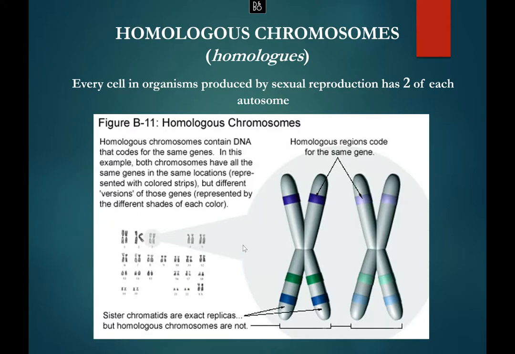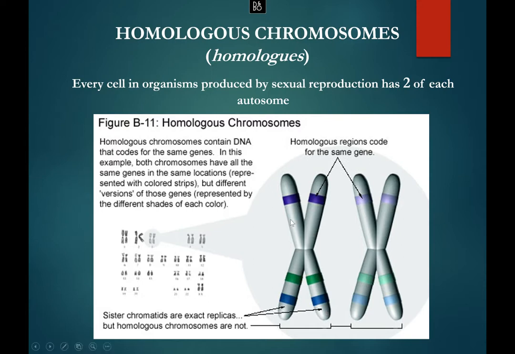One of the things that I will be asking you to read about is homologous chromosomes. Since we all receive one chromosome from mom and one chromosome from dad, we've got two variations of chromosomes that code for the same thing.